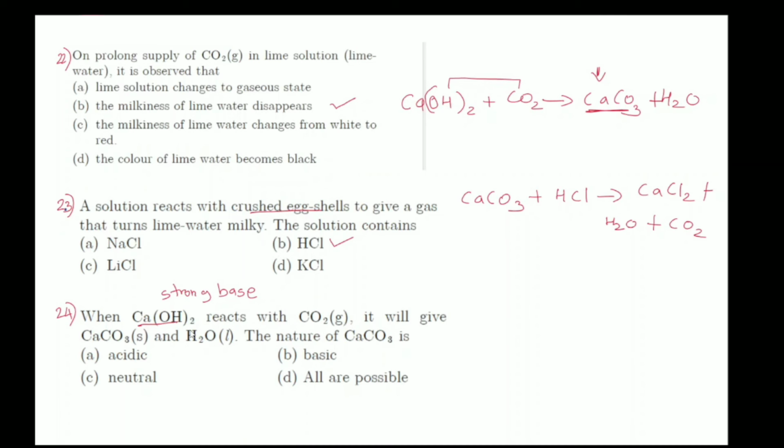A strong base and a weak acid will give you a salt which is basic in nature. So it is basic. This is the correct option. Let us move on to the next set of questions.